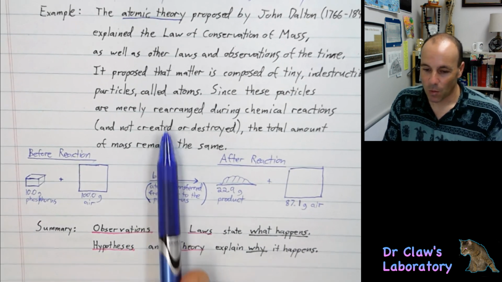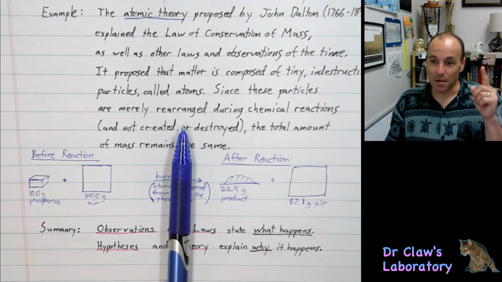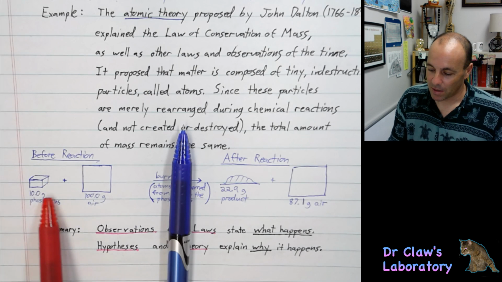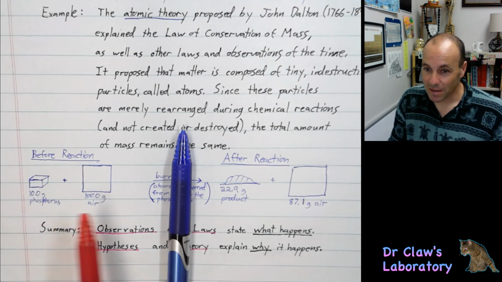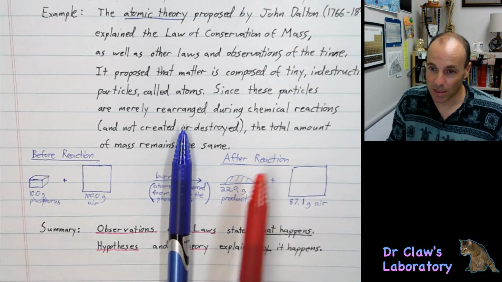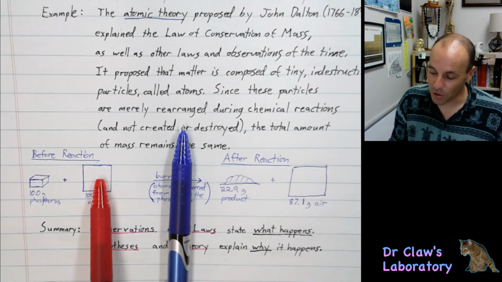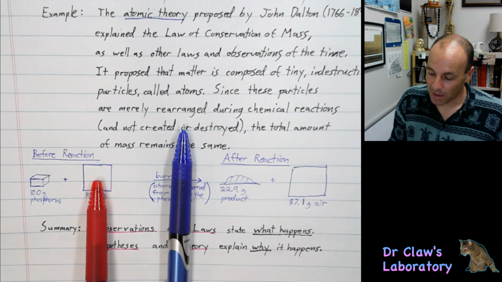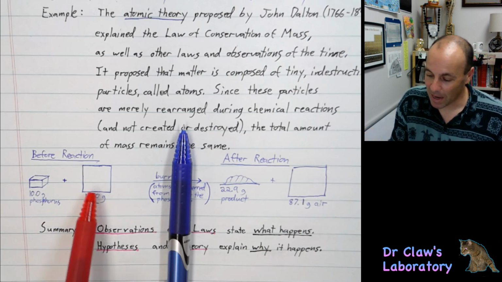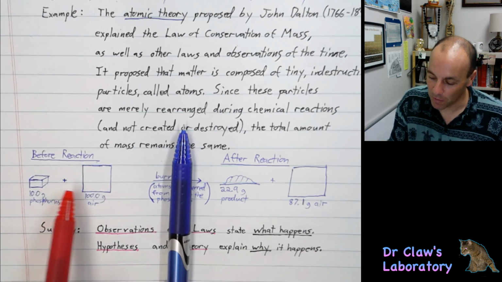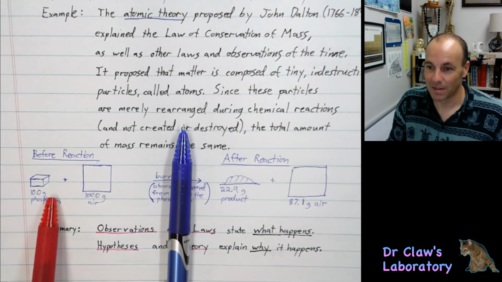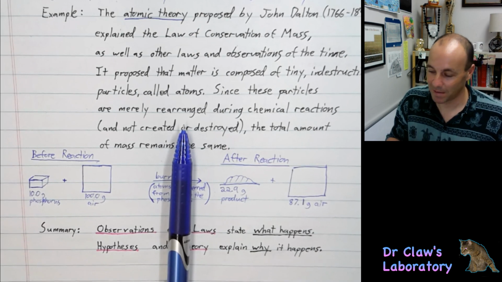Now, what you should picture in your mind, the theory is telling us, is the reason we didn't lose any mass: we had 110 grams total before, and we have 110 grams total afterwards. It's just that the mass was transferred from here over to there as atoms. And you can imagine some of the air atoms moving in this direction. They're combining with the phosphorus atoms, right? So the atoms are rearranged.